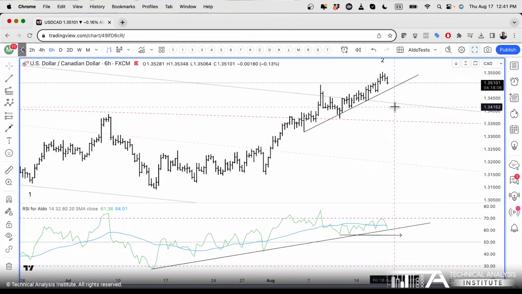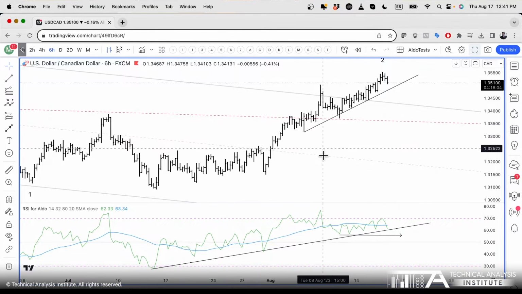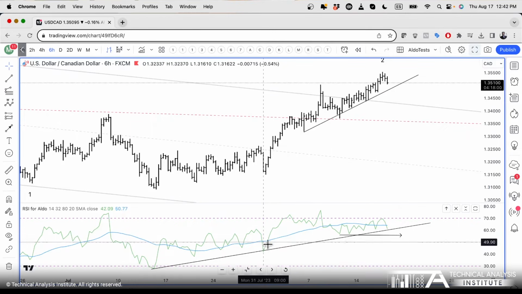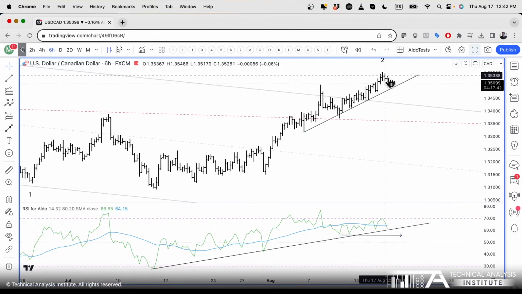Now you may be wondering, why do I have all these trend lines here? Well, first of all, using trend lines in the RSI is a phenomenal way of using trend lines. Secondly, it is a good guideline for us to see that if the trend line in the RSI is penetrated, it kind of anticipates that the trend line in the price will also be penetrated.